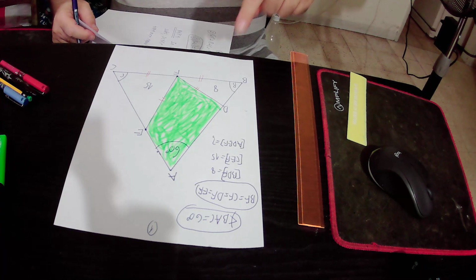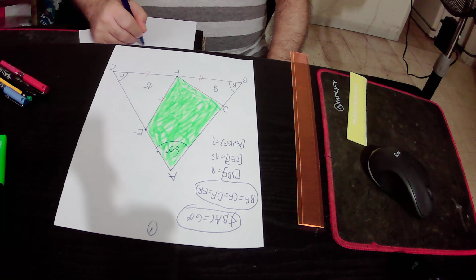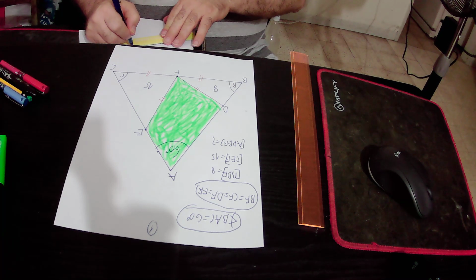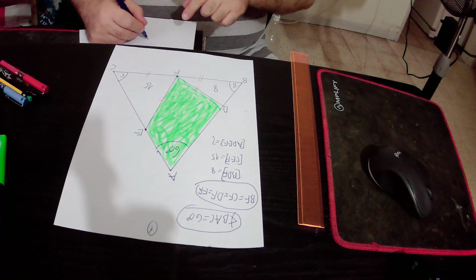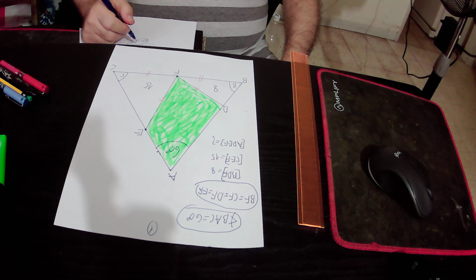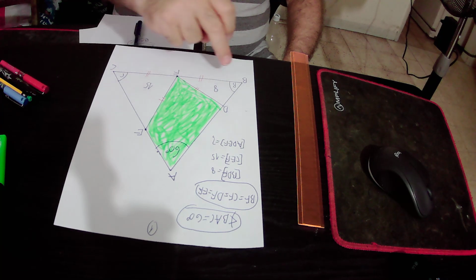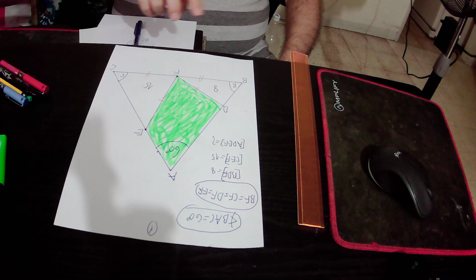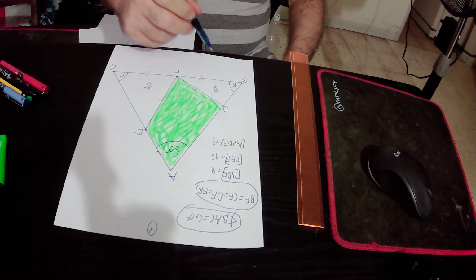So actually in triangle BDF we know that BF equals DF, and in front of side DF of triangle BDF we have angle B. In front of side BF we have angle BDF.